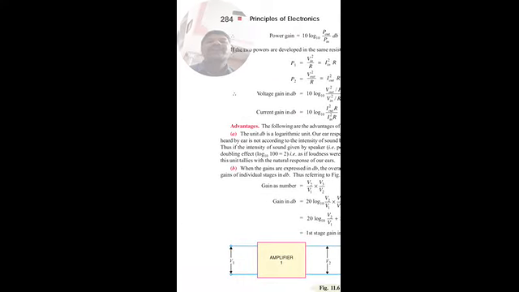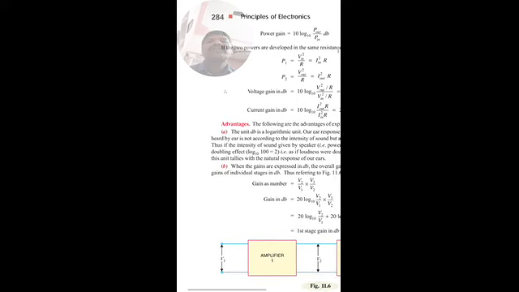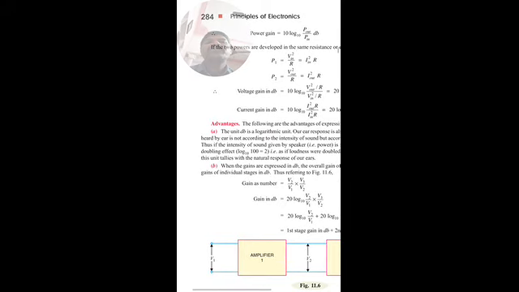So if the intensity of the sound given by a speaker is increased 100 times, our ears hear a doubling effect. That is, log 100 to the base 10 is equal to 2. That is, if the intensity of the sound increases by 100 times, our ears hear the sound as doubled.